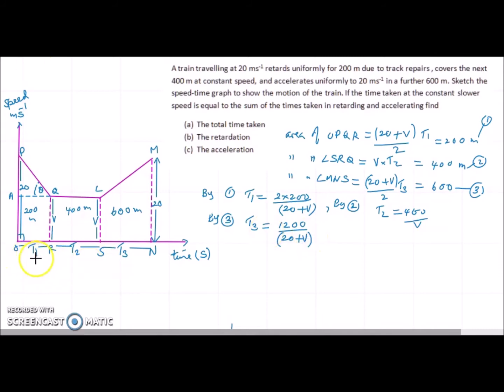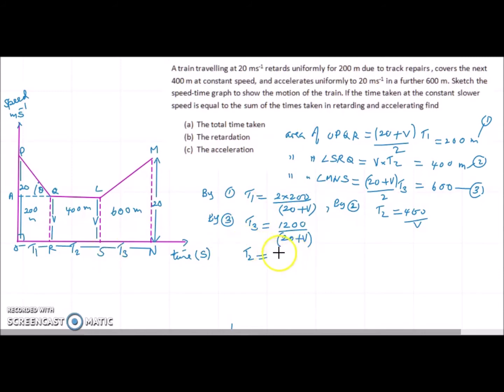Now the total time is t1 plus t2 plus t3. Before that we had to find out v, that is this constant speed. Now read the sum carefully.